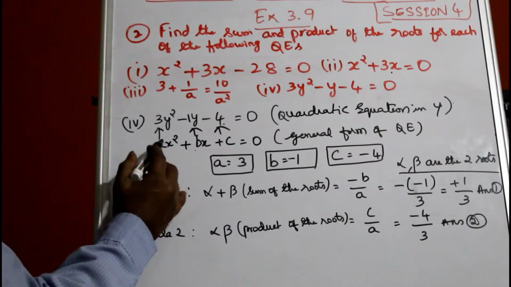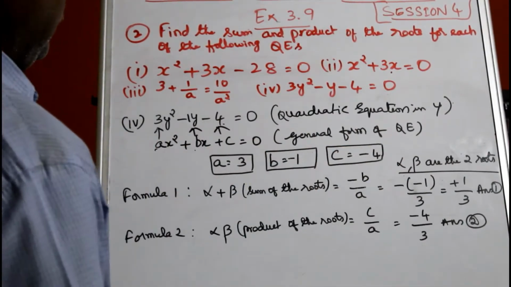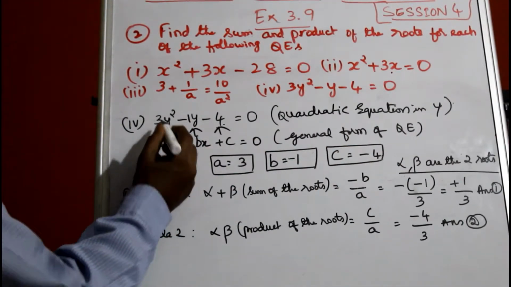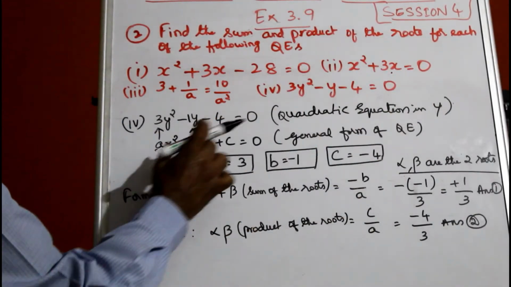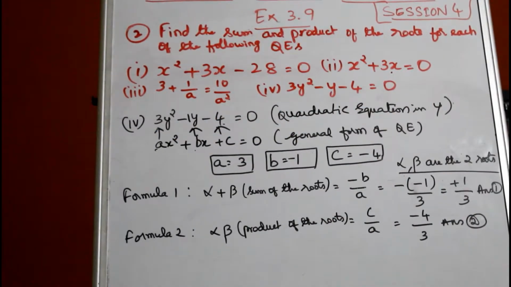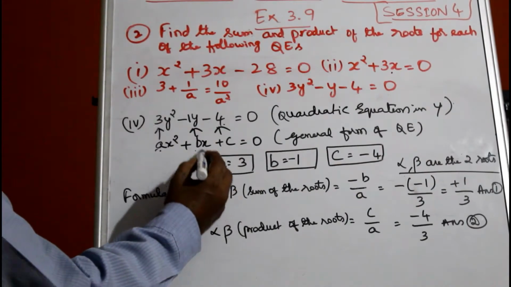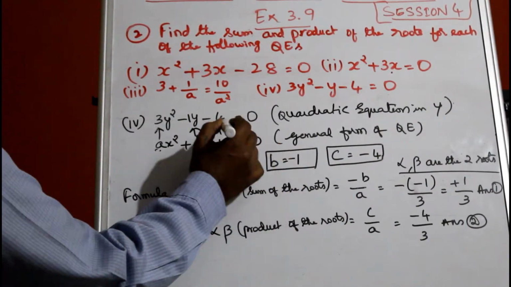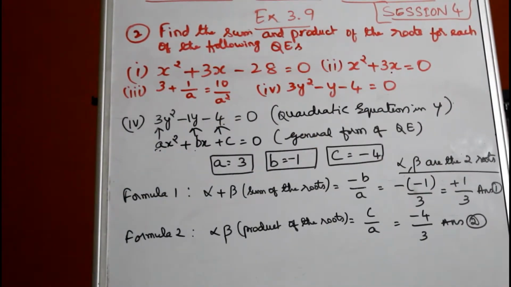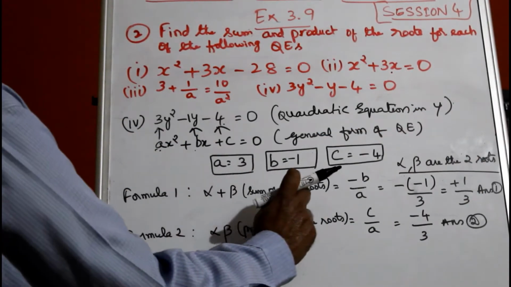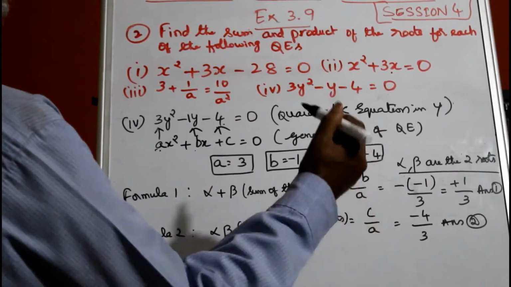So again, this is the general form of a quadratic equation. If you compare with this, actually this is a quadratic equation in y, but the general form we write as a quadratic equation in x. So a is 3, b is minus 1 and c is the constant minus 4. And we know alpha and beta are the two roots. Formula 1: alpha plus beta is the sum of the roots, which is minus b by a.